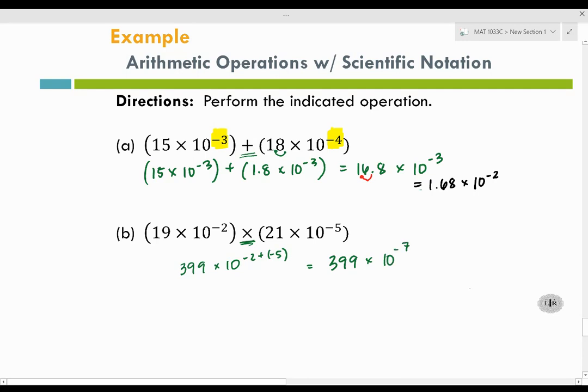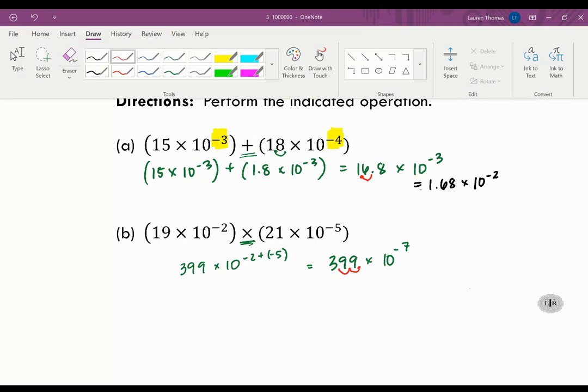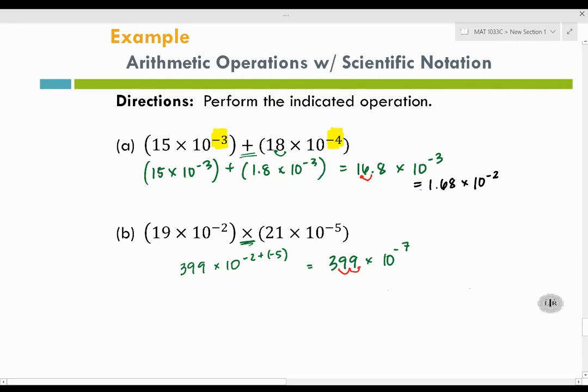Okay, so it's -7. Remember, your answer has to be written in scientific notation. So 399 is definitely a number that's bigger than 10. So we're going to have to move the decimal 1, 2 places. That's the same thing as adding 2 to that power. So my final answer is 3.99 times 10 to the -5th power.